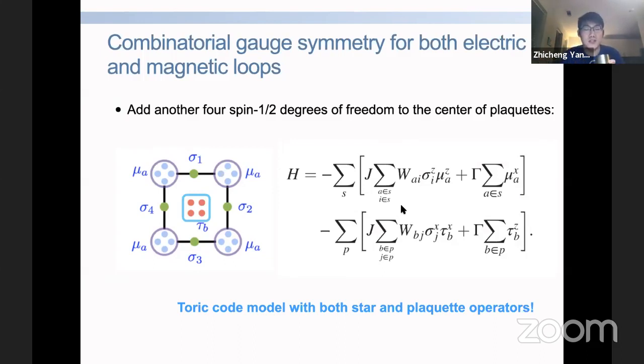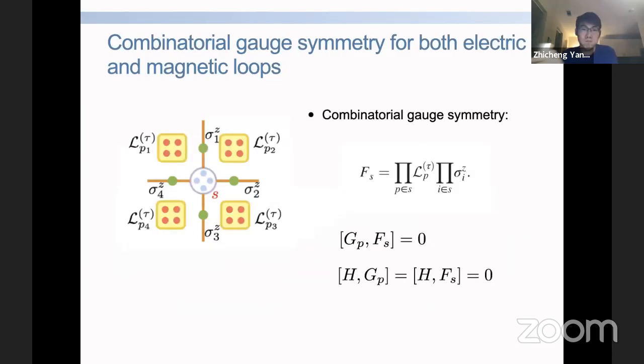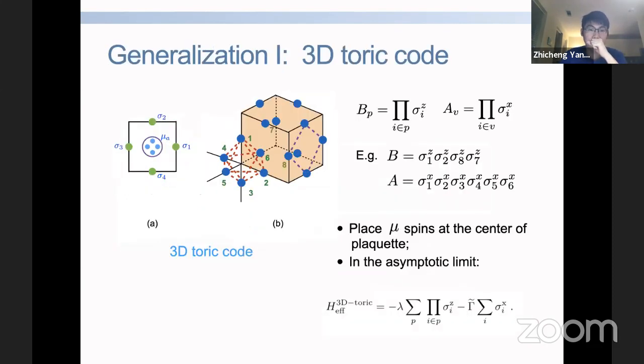That's the one that corresponds to the Toric Code Hamiltonian. And similarly, you have the gauge symmetry associated with flipping around a star, and that commutes with the Hamiltonian, also commutes with the plaquette operator as well. Okay, let me actually talk about a generalization.